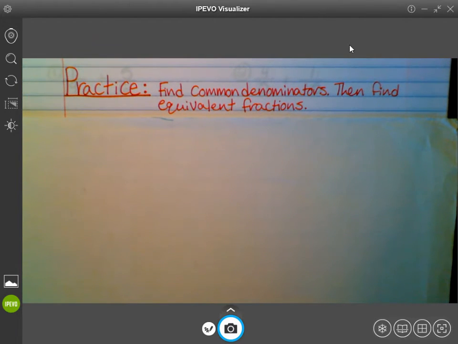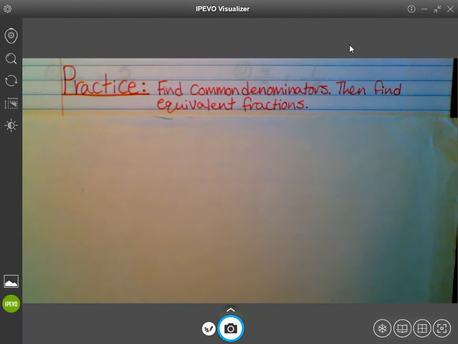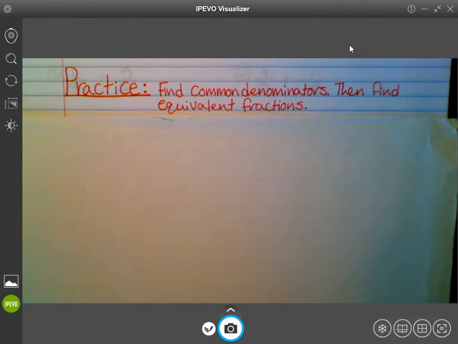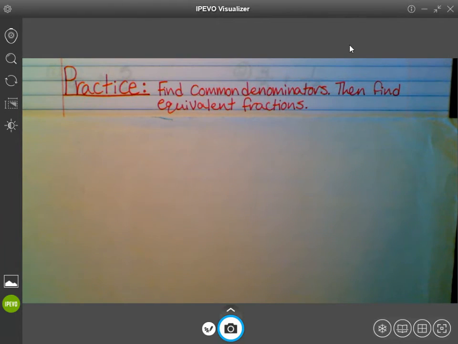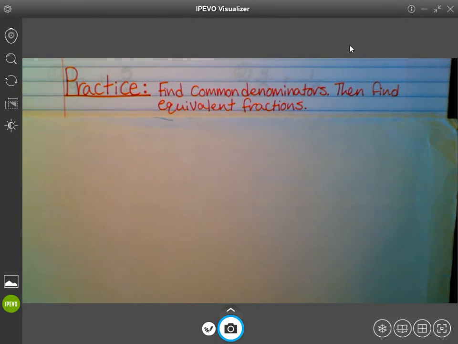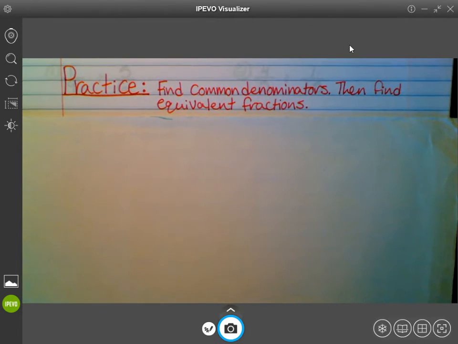So find common denominators. You can even abbreviate that to find LCDs, find the least common denominators, then find equivalent fractions. Now, fifth grade, let's say you find a common denominator, and it's a true common denominator, but it's not the smallest one. That would technically still work.